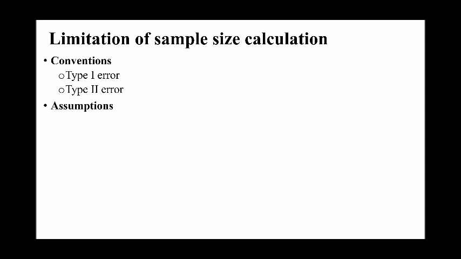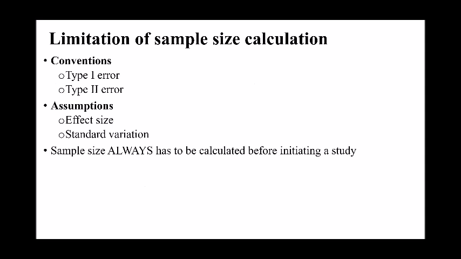So what is the limitation of sample size calculation? First, by convention. As Rasha was asking, why 20? We don't know. It's by convention. So type 1 error or the significance level is by convention. Type 2 error or the power of the study is by convention. And also we are assuming the effect size from previous studies, and we are assuming the standard deviation.